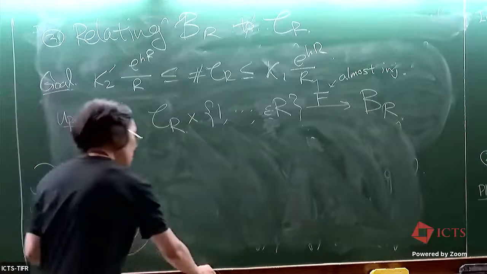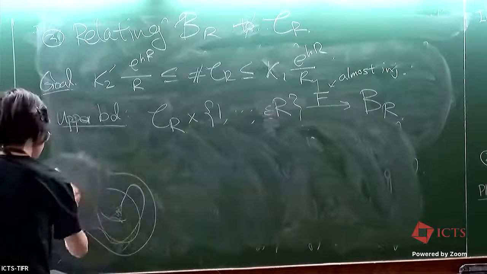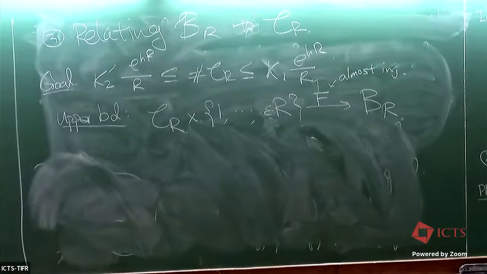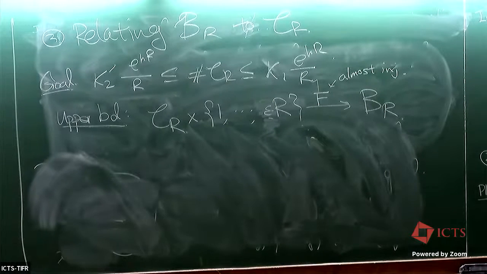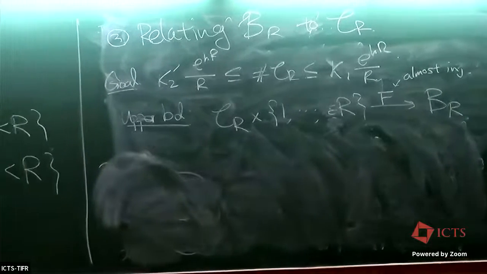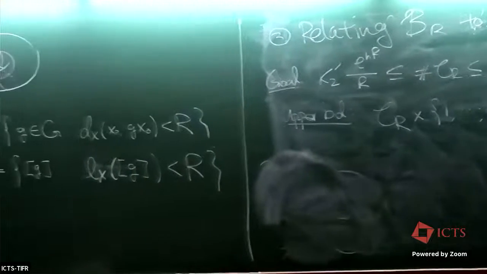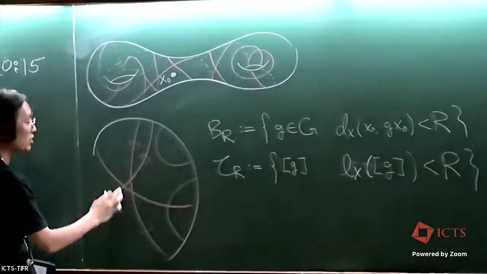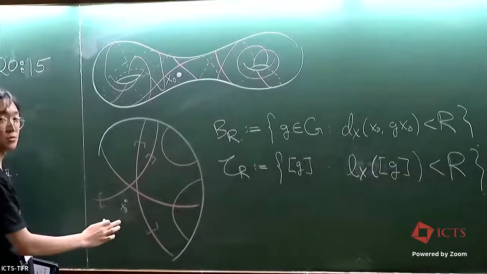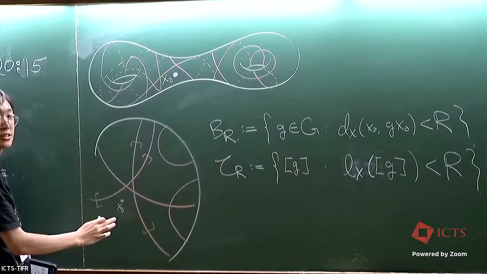So how do we actually do it? Here's a picture. Downstairs, there are a bunch of infinite geodesics that correspond to various closed curves upstairs. Let's fix one curve. Even one curve will have lots of translates, but certainly at least one of them will be close to x0. Why? Because of the compactness.